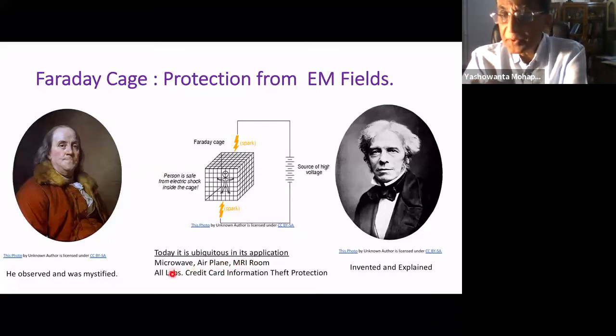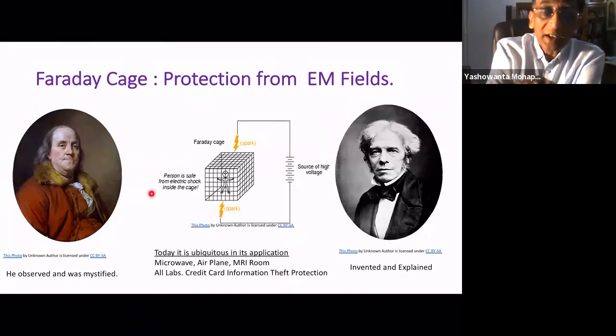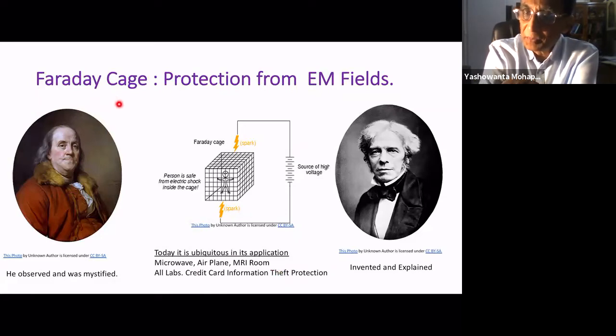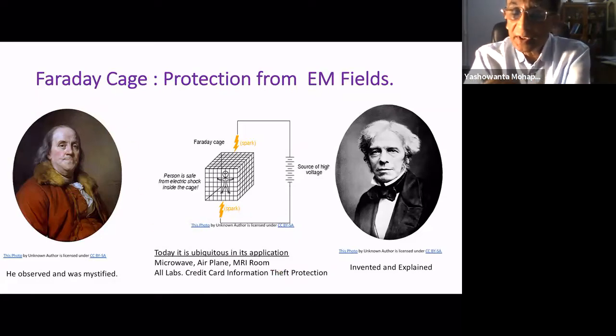In all our labs, and today, in fact, we are working on a foil or cloth which is conductive, and you can put it in your purse so that thieves cannot take your credit card information out through some radio frequency or electromagnetic waves. So it has many, many uses, and in the lab we use it every day to shield things from outside interference.